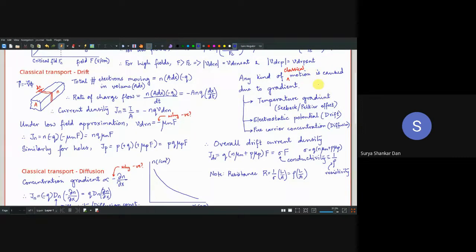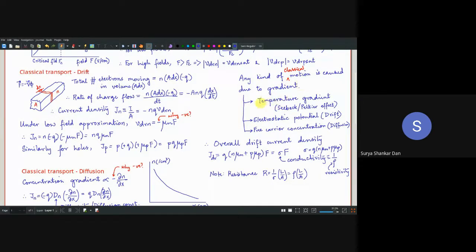However, I have included over here only those effects which will affect classical transport in devices. As I said, any kind of classical motion is always caused due to a gradient. Somehow or the other, there is a gradient. Okay? If you understand this carefully, you will realize it.